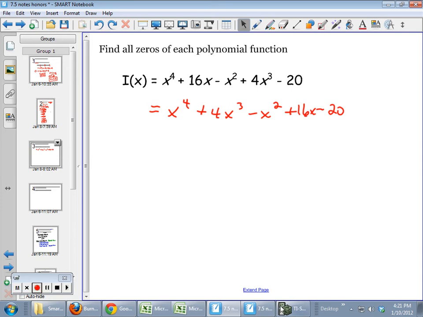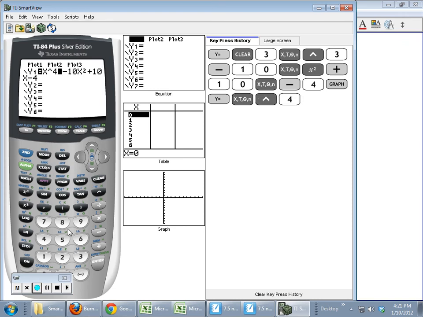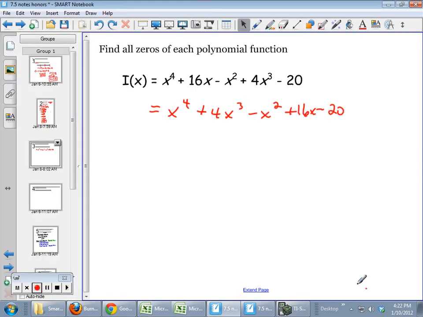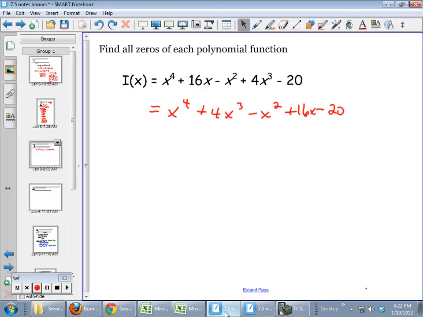And so if we plug that in, alright, so x to the fourth plus 4x to the third minus x squared plus 16x minus 20.